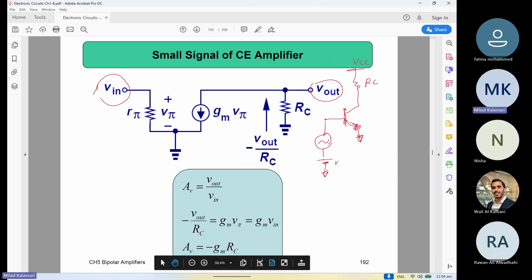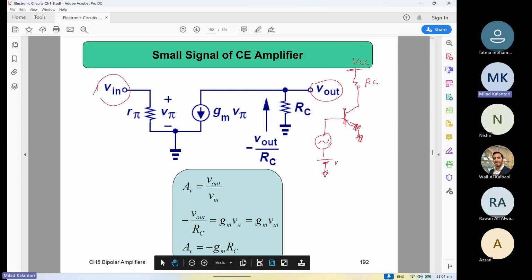For the small signal model, what you do is you short circuit the DC voltage. Do you remember? Because those voltage sources are constant. They are not going to vary, right? So for the constant sources, we just assume they are zero because we are trying to find the voltage once you apply the AC.